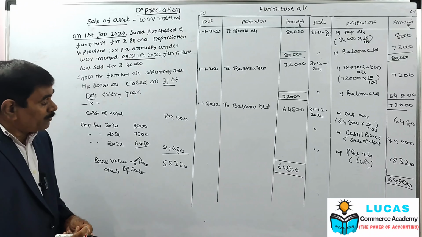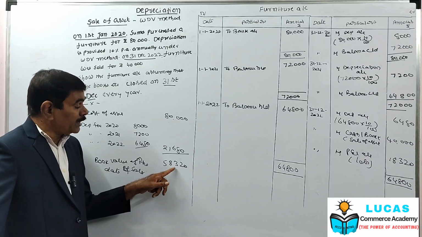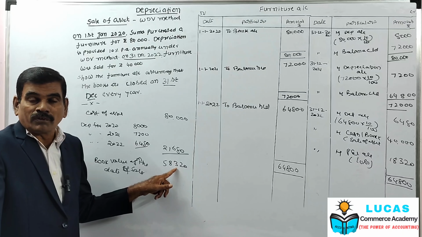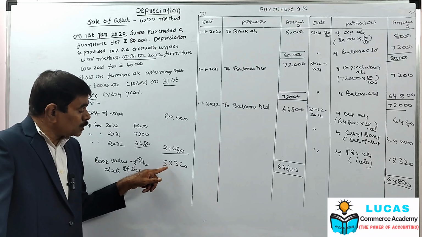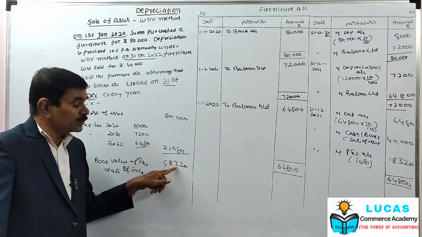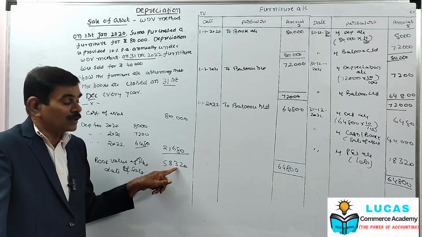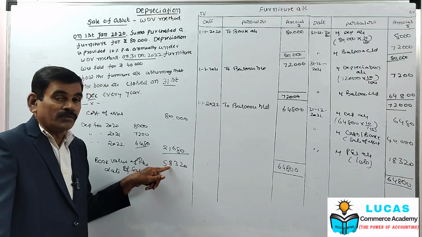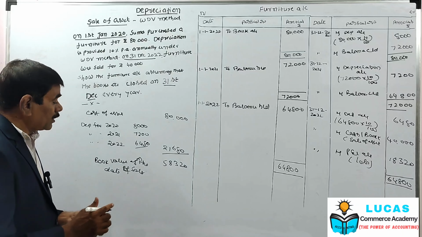If the asset is sold for rupees 58,320, then no profit and no loss. If the asset is sold for more than 58,320, we get profit. If the asset is sold for less than 58,320, we get loss.